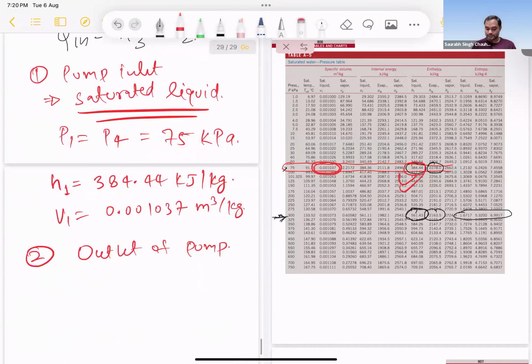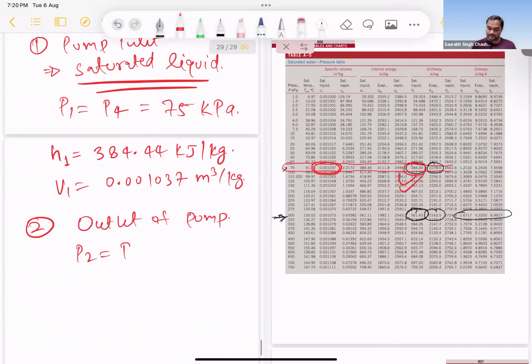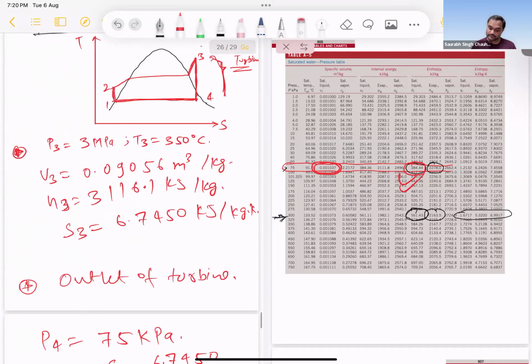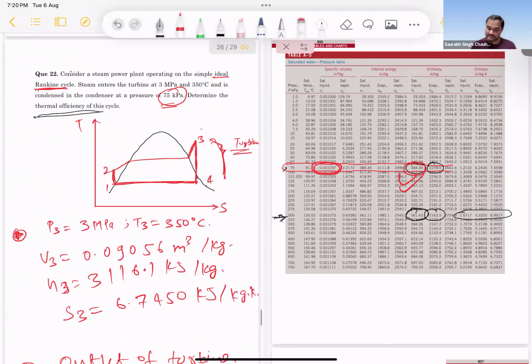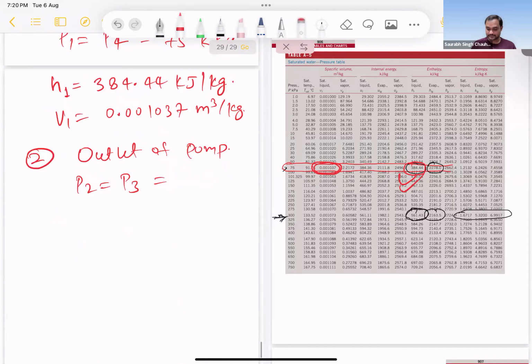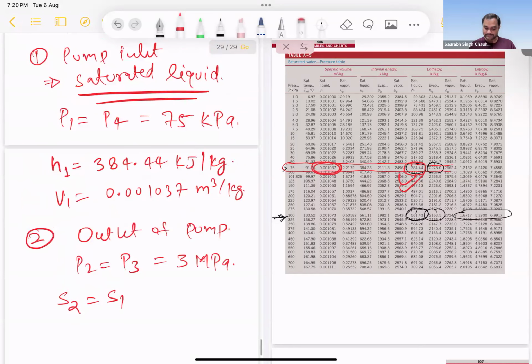So P2 will be equal to P3, and P3 is given to be 3 megapascal. And since it is an ideal cycle, entropy at point 2 will be equal to entropy at point 1.